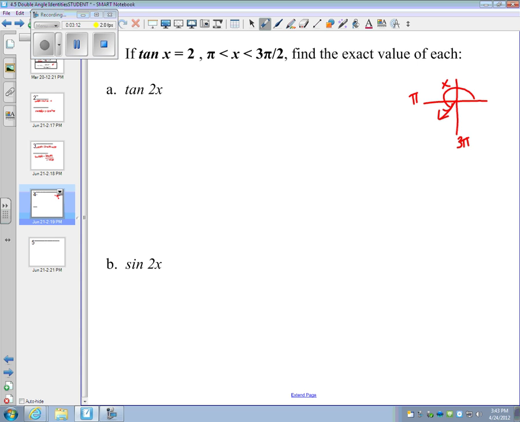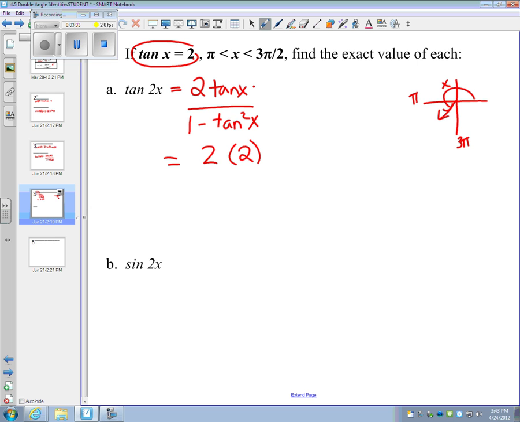Okay, using identities, I know that the tan of 2x is equal to 2 times tan x over 1 minus tan squared x. The piece of information I know is tan x is simply 2. So I have 2 times 2, because that's tan x, over 1 minus 2 all squared.